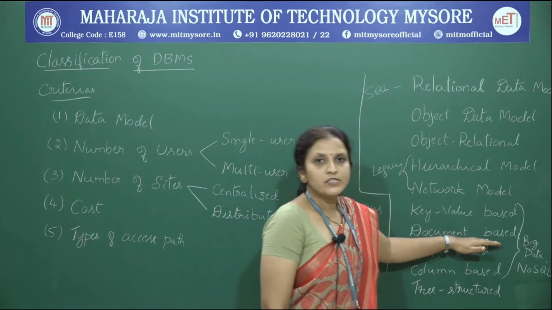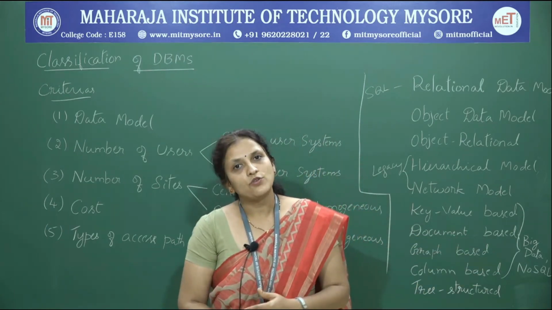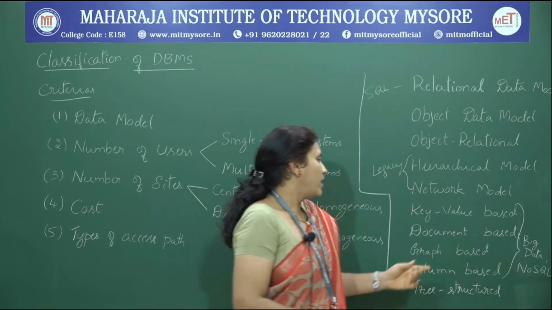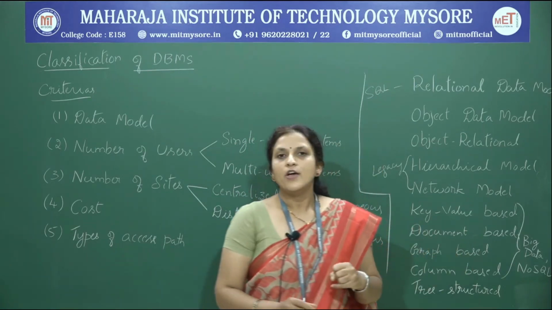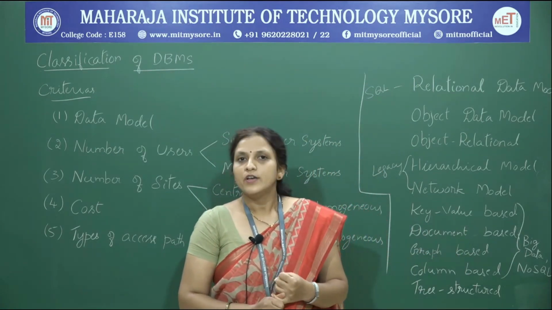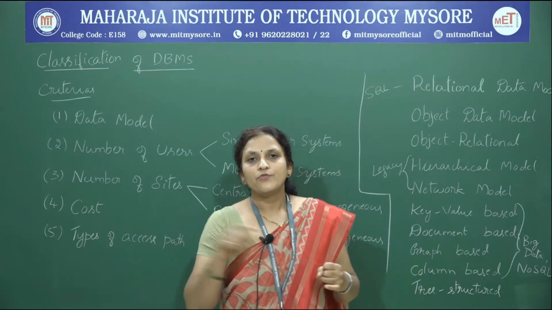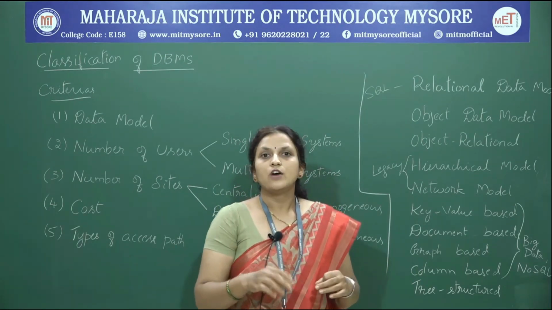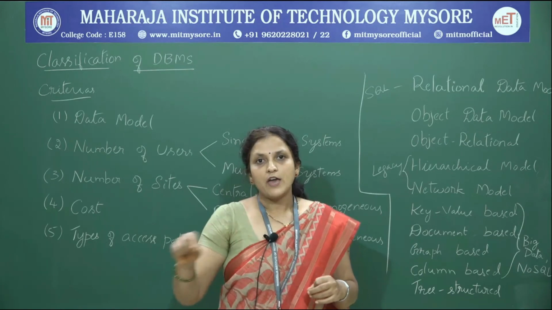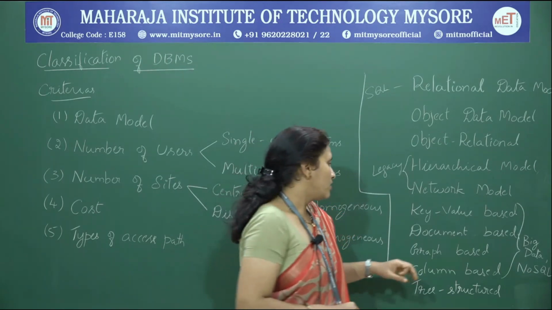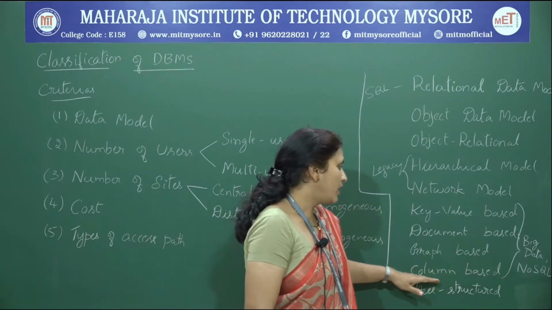Next comes the document based model, where every object will be stored in terms of a document. Then comes the graph based model, where every object will be stored in terms of graphs, and the relationship between different objects will be represented using arrow marked edges with direction. Then column based.